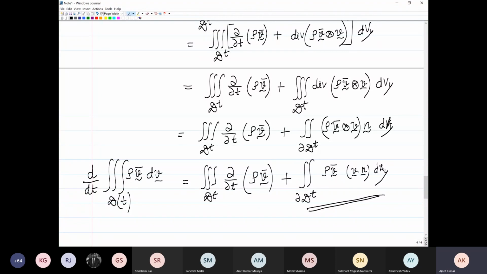Can you tell me what this last term on the right hand side is denoting? Yes, that's a momentum flux. The momentum flux coming out of the surface of the control volume. Isn't this something that you would say? So dt is like the control volume.